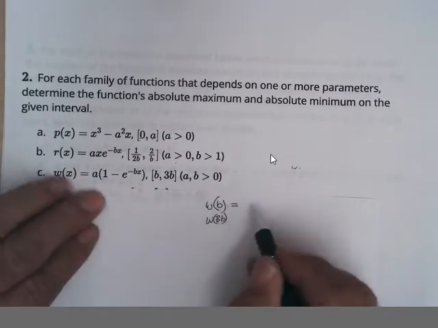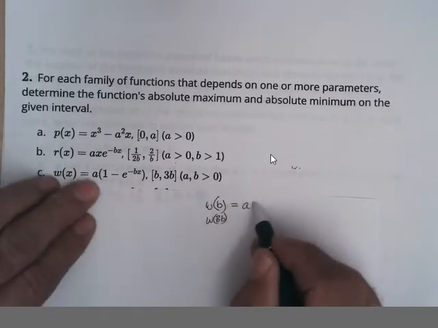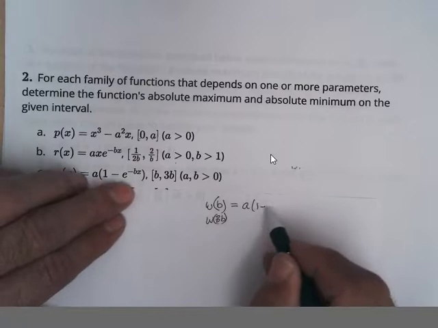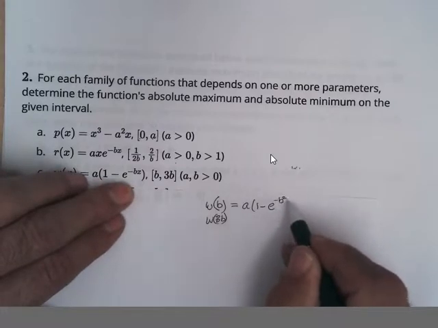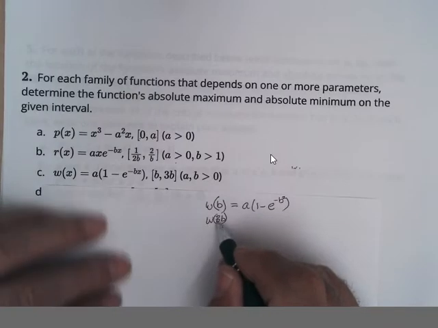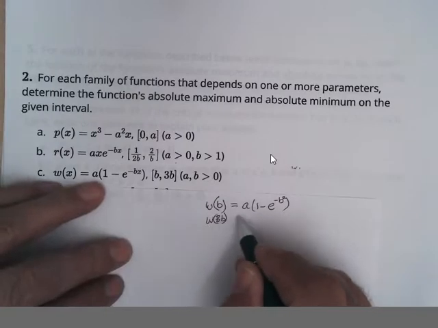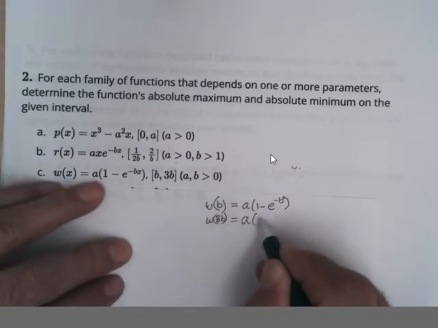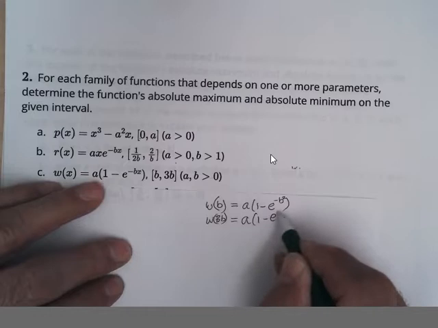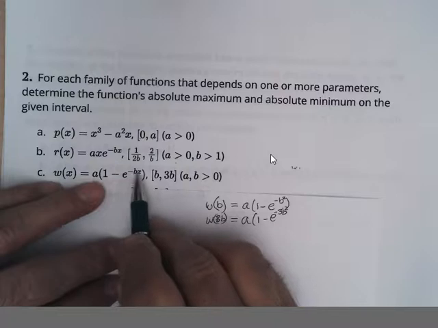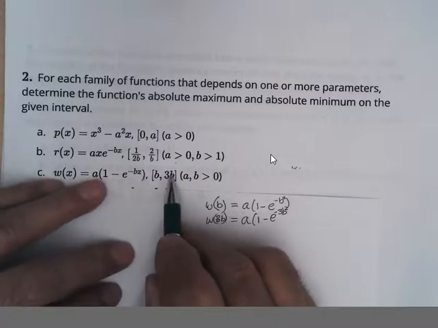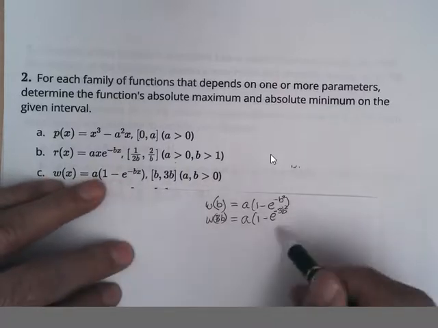So W of B would be A times 1 minus e to the minus b squared. W of 3b would be A times 1 minus e to the minus 3b squared. So minus b times 3b is minus 3b squared.